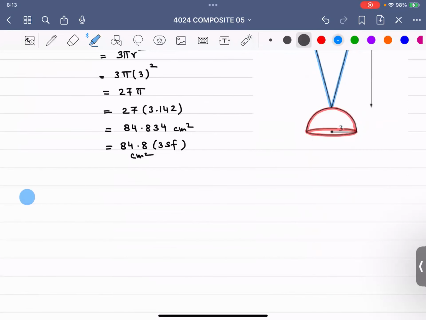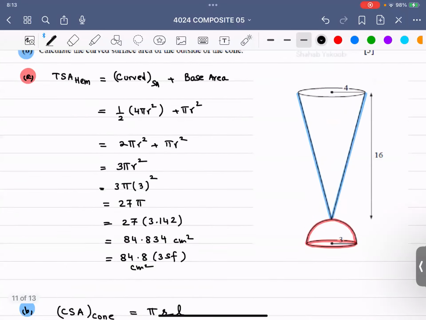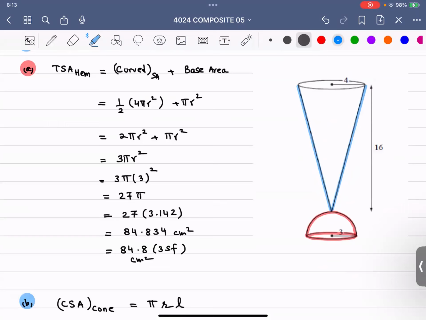So now part B, curved surface area of the outside of the cone, that is pi r L. Now L is missing. So what I need to do is to draw a line from here all the way here. And this thing is 4 over here. So now this thing is 16. First of all, this is 16 over here.